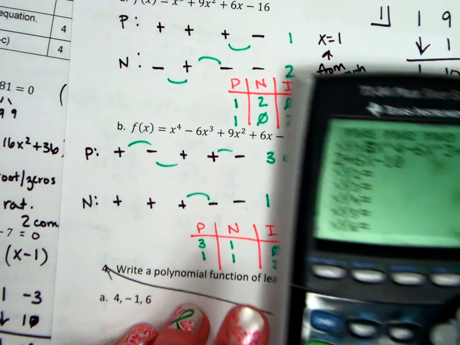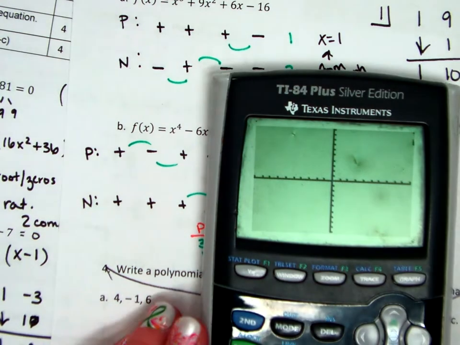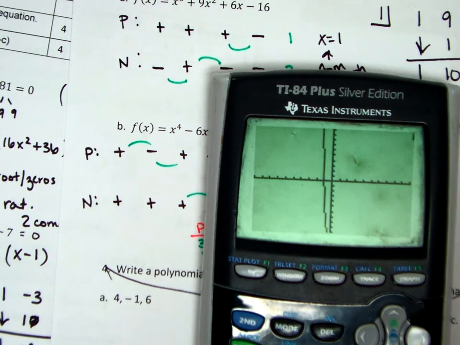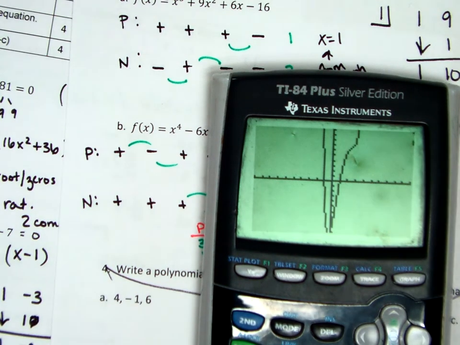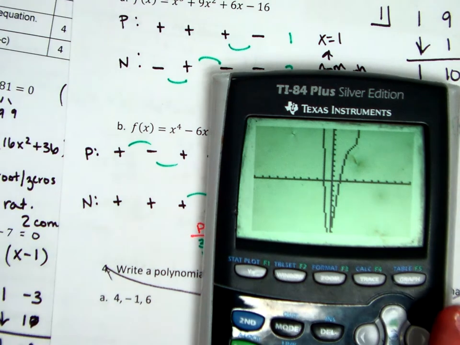So I hit graph, and I see funkiness. And I see I only cross the positive axis once, twice. So what I'm going to do is factor this, and we're going to see what happens.